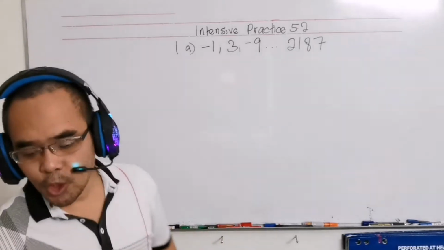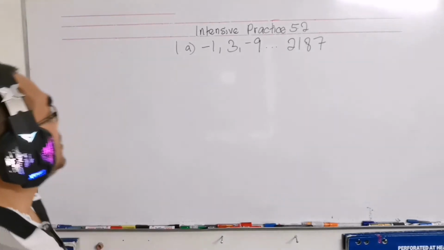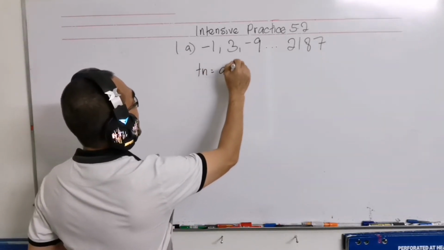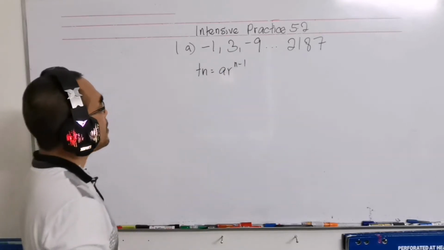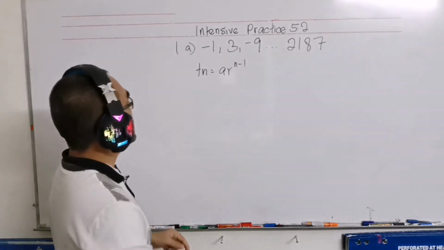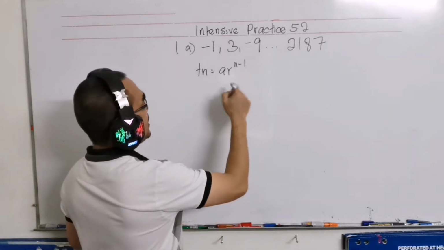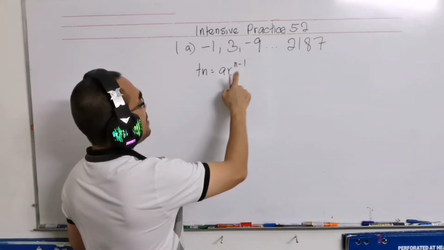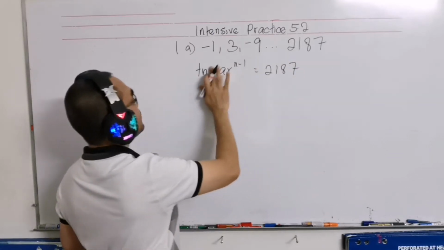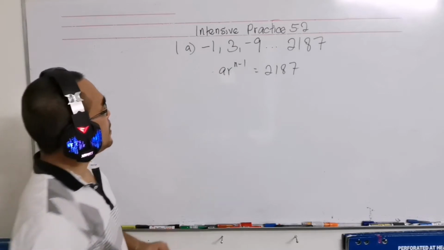Okay, so this is a geometric progression. So the term is ar^(n-1). This is the last term in the arrangement. So we say ar^(n-1) equals 2187.